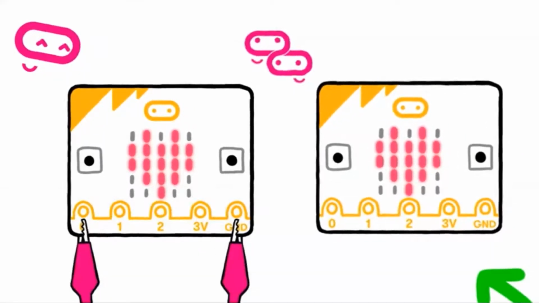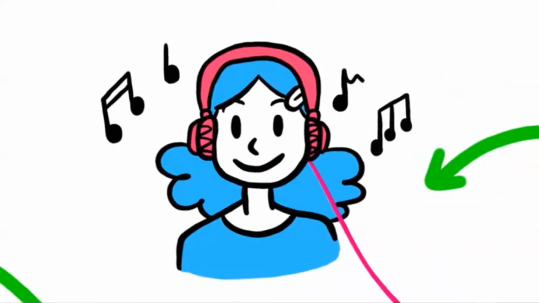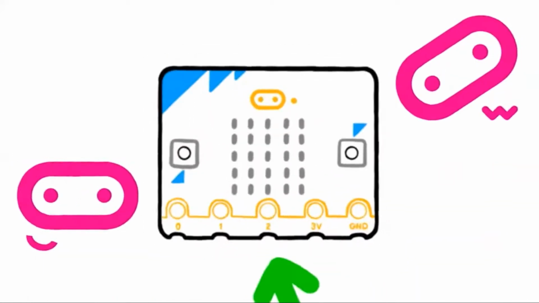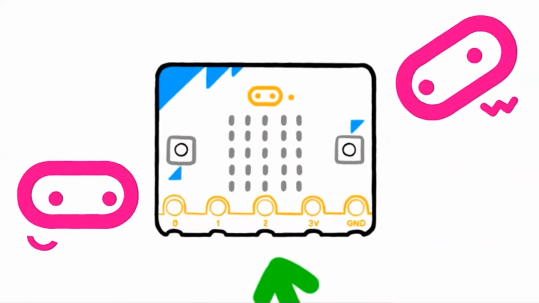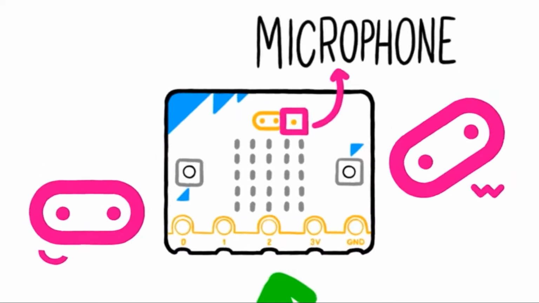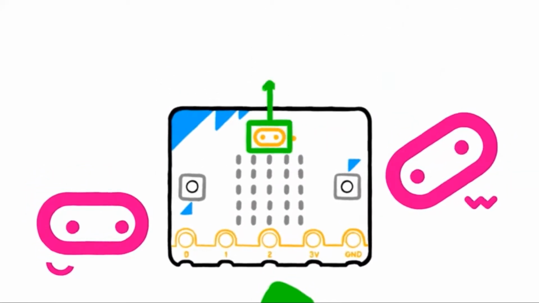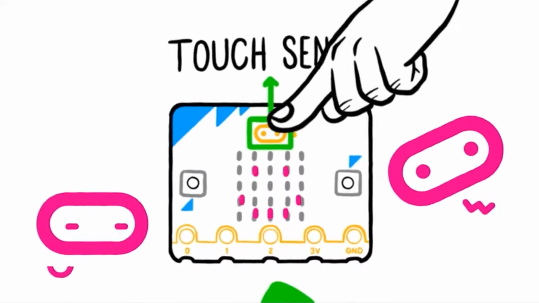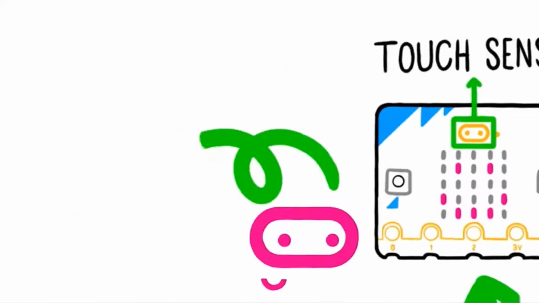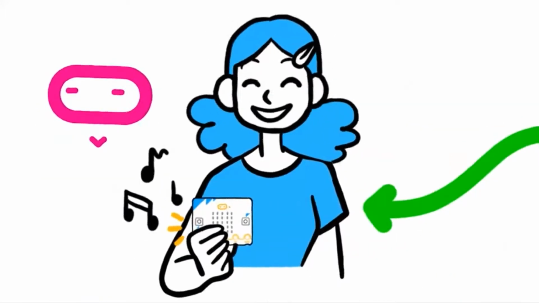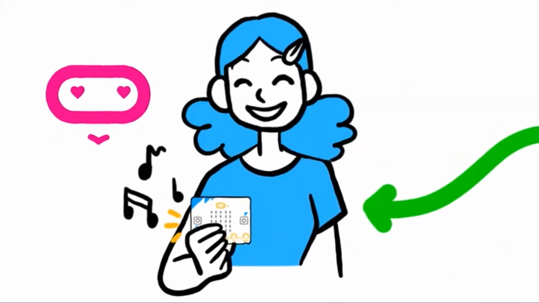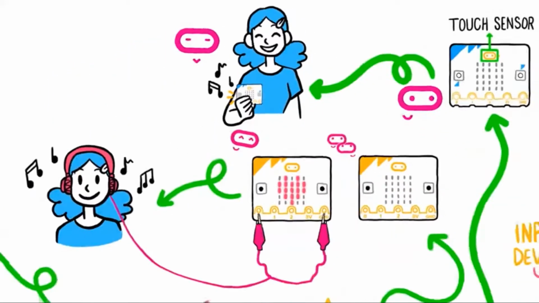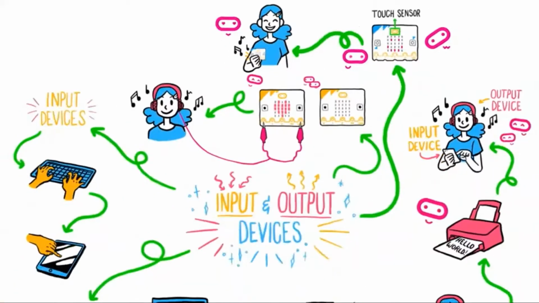For example, you can attach headphones or a speaker as an output device. If you have the latest version of the microbit, there are 2 extra inputs, a microphone for sound sensing and a touch sensor on the gold microbit logo, so you can program your microbit to react when you touch it. There is also an extra output, a built-in speaker to let you play the sounds you create instantly. So you can interact and create even more with your microbit.